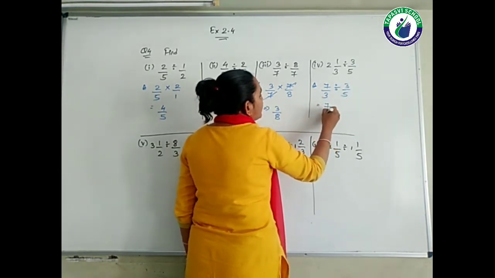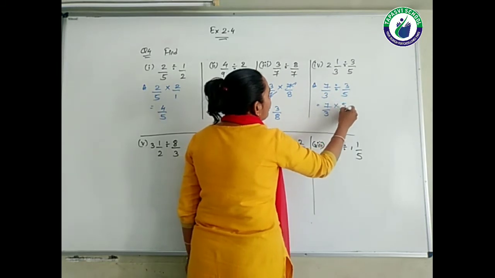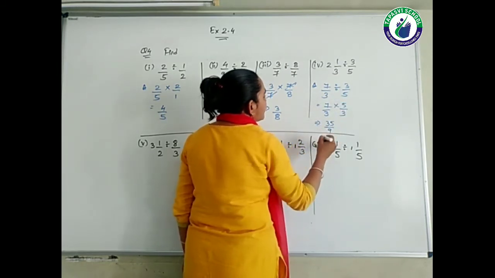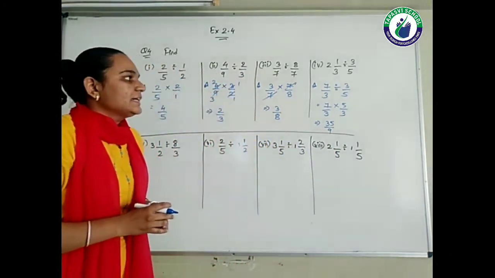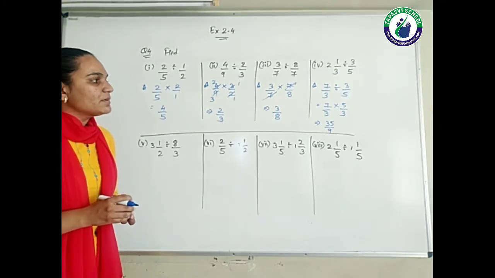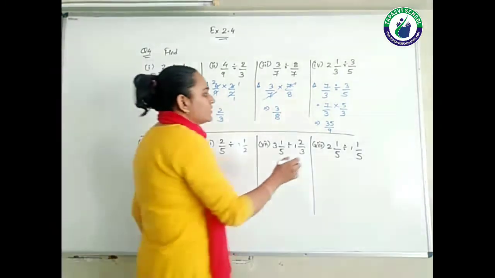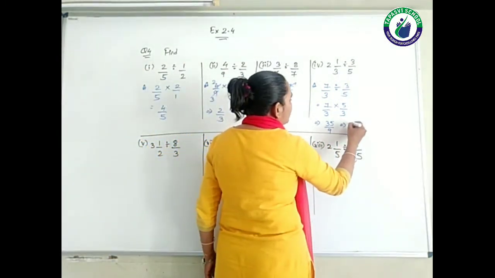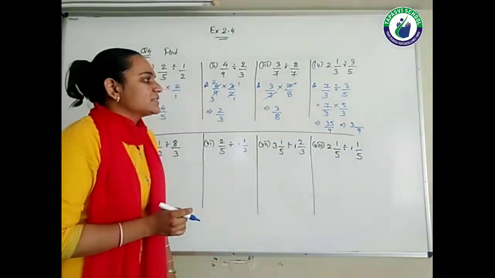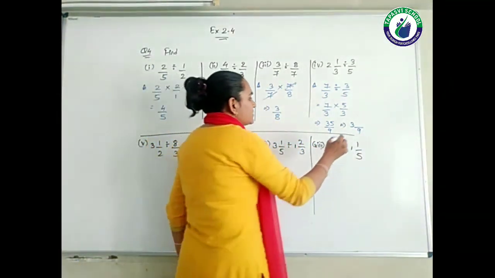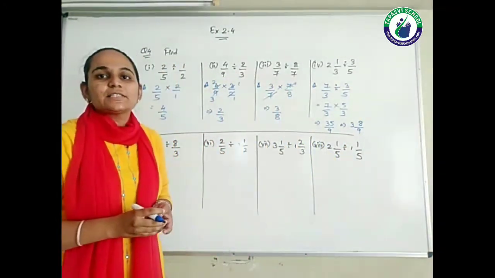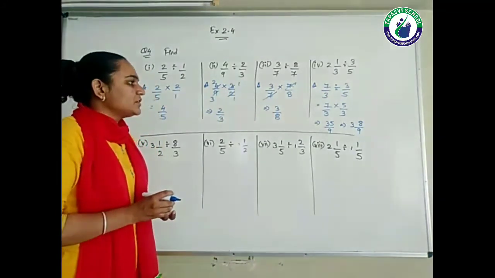So now we'll do the reciprocal, so 5 by 3. So 7 fives are 35 and 3 threes are 9. So here, students, we are getting the answer as an improper, so we can convert it into mixed one. So we'll get 3 nines are 27 and 35 minus 27 will get 8. So 3 integer 8 upon 9 is your answer for the fourth question.